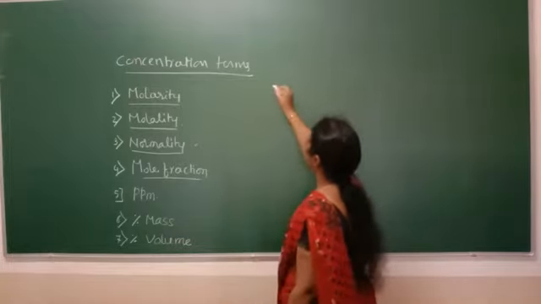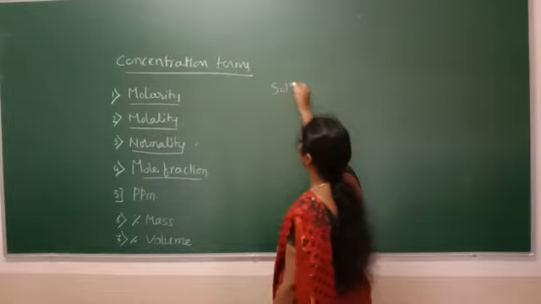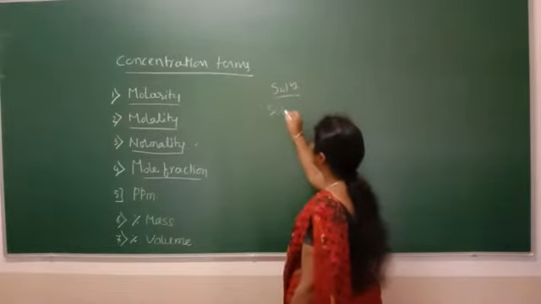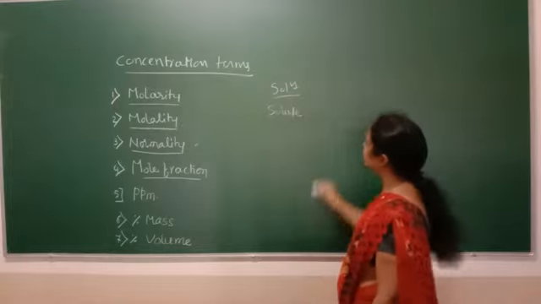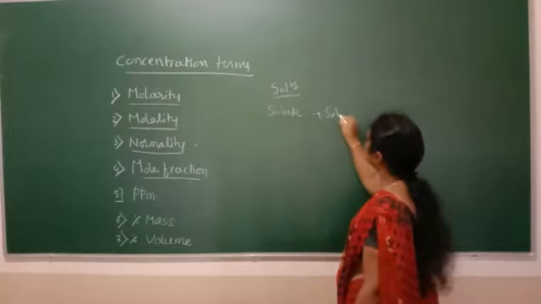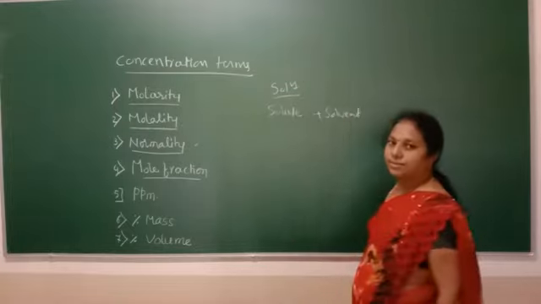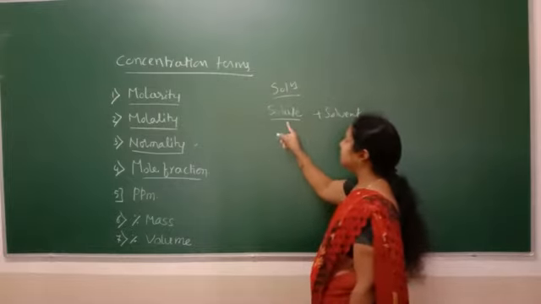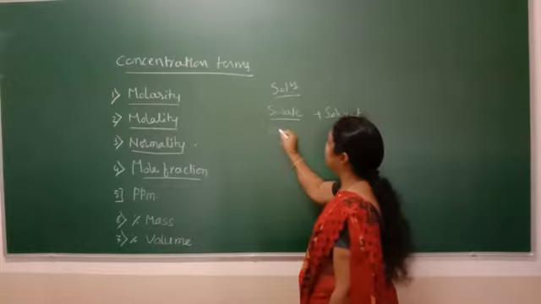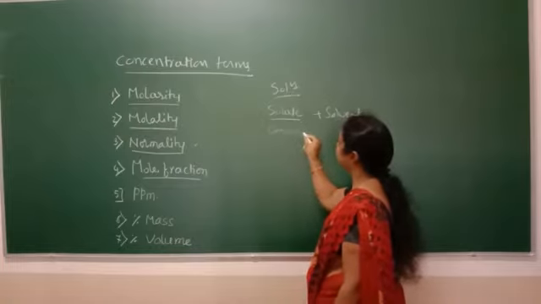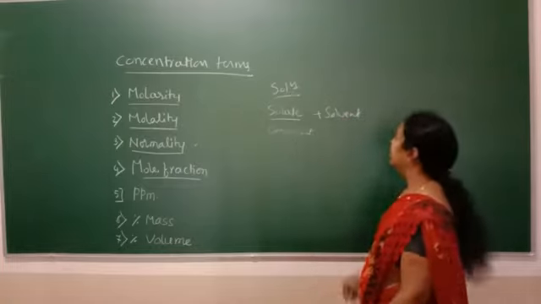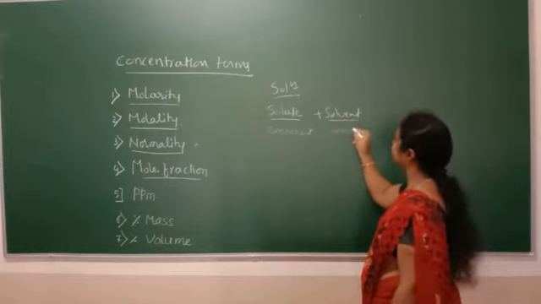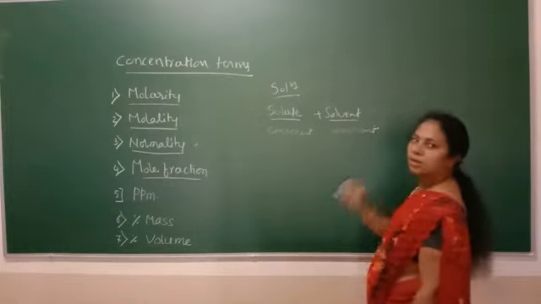So that means first we will take one solution. In this solution, there is a presence of solute and also solvent. If we consider the solute, this is one of the components, and solvent is also another component.